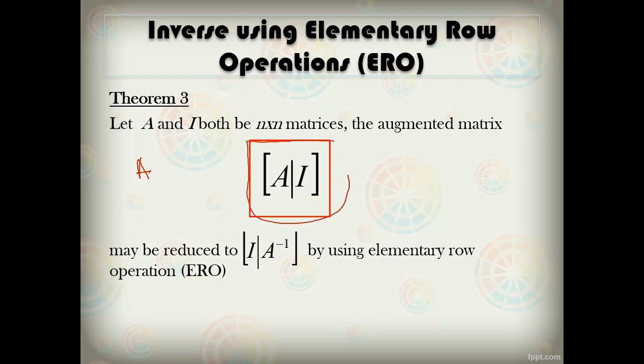This is called an augmented matrix: matrix A beside the identity. Whatever your A is, beside it is the identity matrix, depending on the order of your matrix. And then we will reduce this matrix from A beside the identity to the identity beside A inverse.